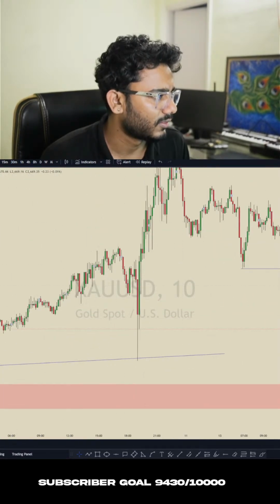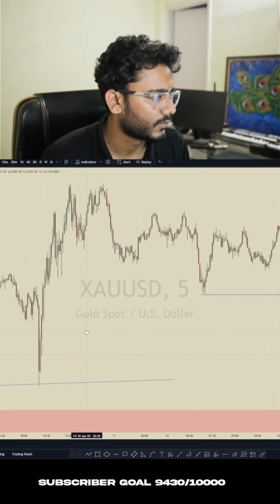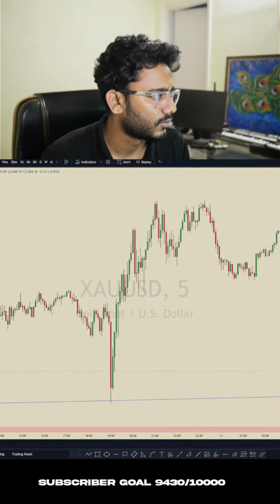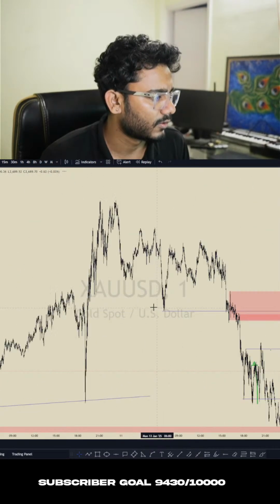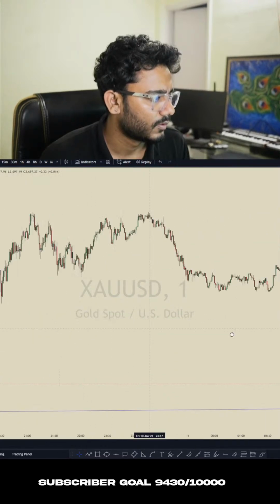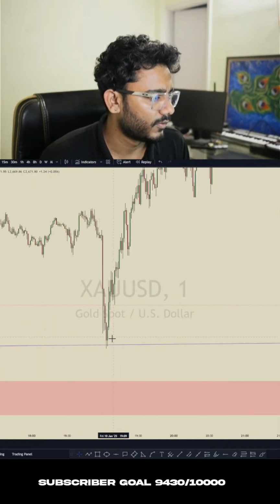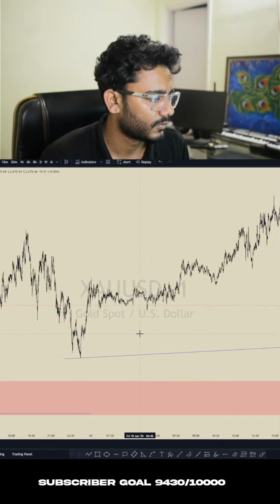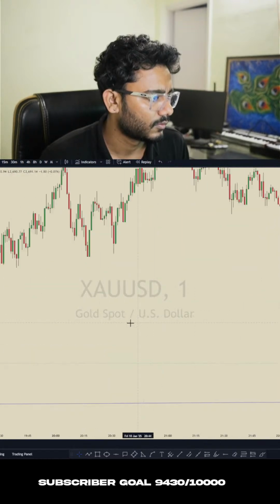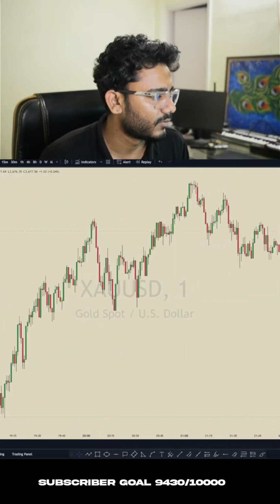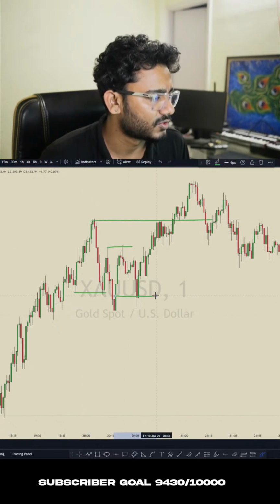On 1 minute I can show you. Even if you miss this move, we want to see the liquidity swept by this high and this structure, or this order block.